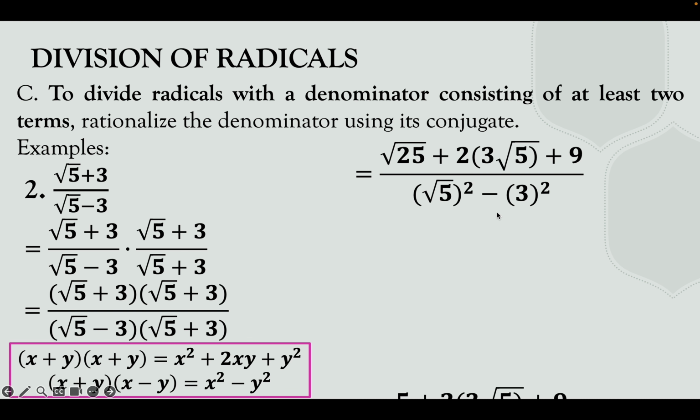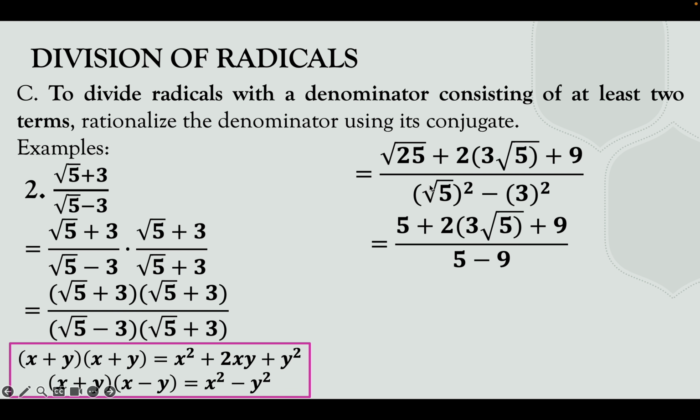So here we simplify: square root of 25 is 5, plus 2 times 3 square root of 5, plus 9, over 5 minus 9, since we can eliminate the square and the square root, and 3 squared is 9. So we have 14 plus 6 square root of 5 over negative 4.